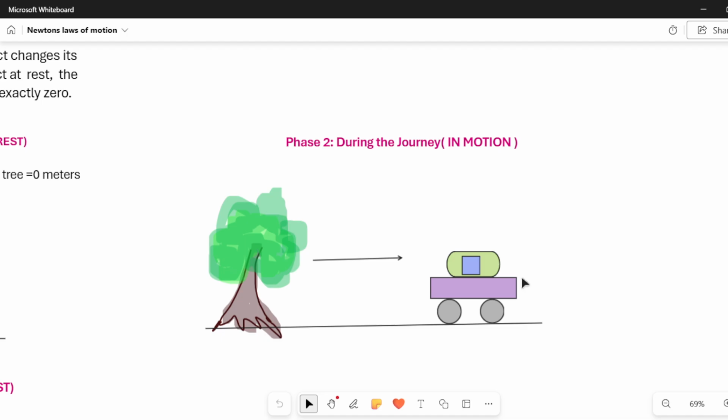As it keeps changing position over time, the object is in motion. So my car is in motion. This is what we understand as motion.